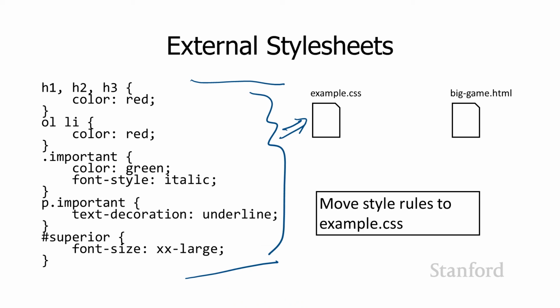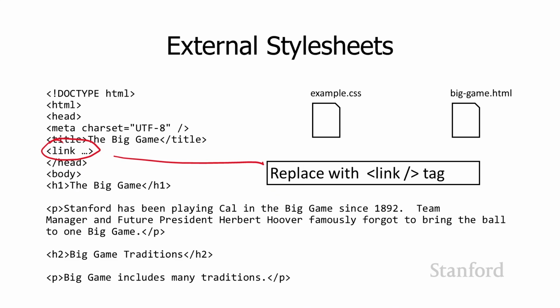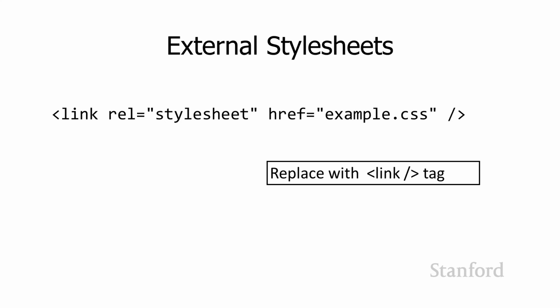And then I'm going to remove the style tags from the original HTML. I'm going to replace them with a link tag. Here's what the link tag looks like. Link rel equals stylesheet, and then href, and then a reference to the style sheet that I'm using.